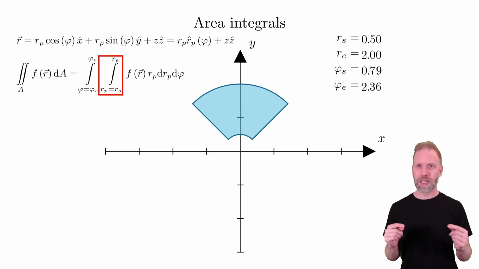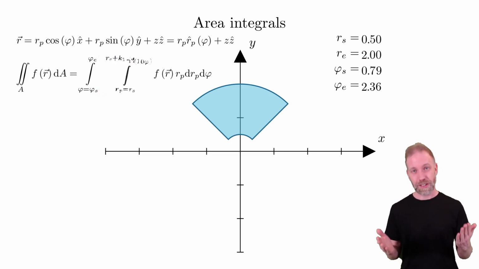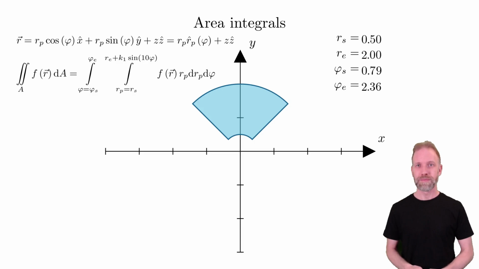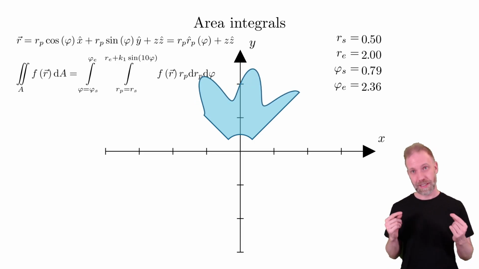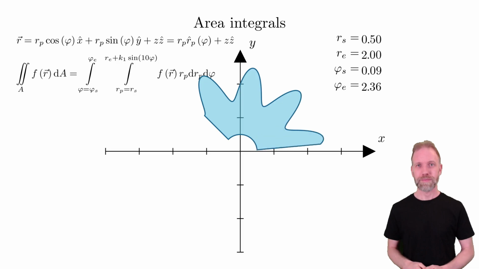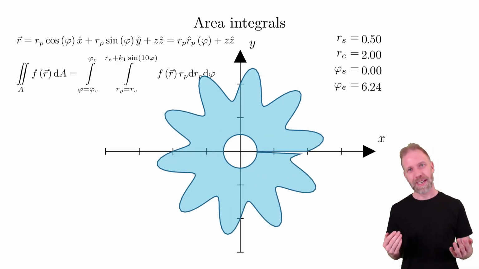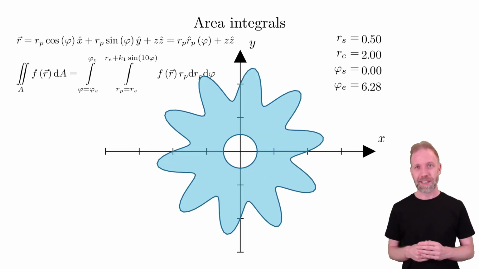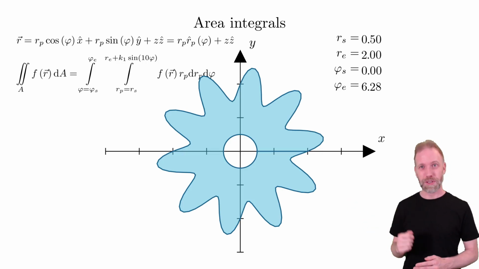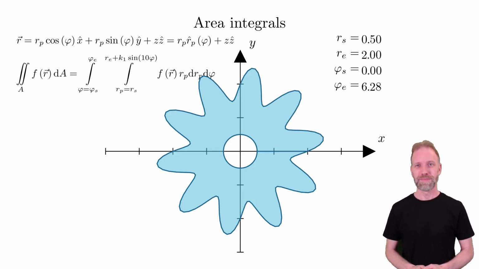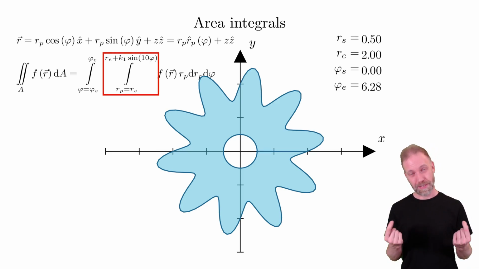If we want to be more advanced though, it is allowed to have an expression as limits for the inner integral. Here I will illustrate it with a sine function. So if you for some reason need to integrate over a domain that looks like this, it's possible in polar coordinates. We can add an expression to the lower limit as well.